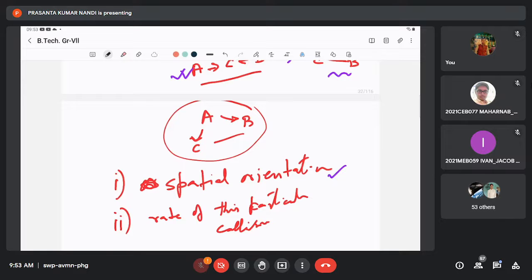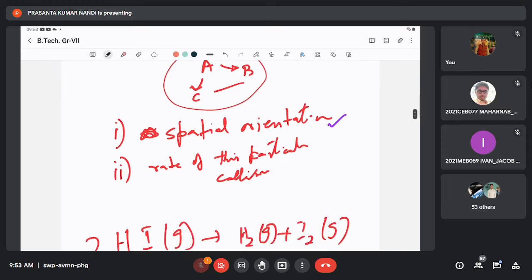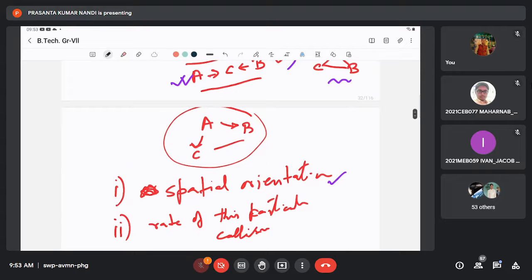So basically spatial orientation is an important factor in the rate of this particular collision. Not all these collisions will lead to your desired product, right? So orientation is one important factor.